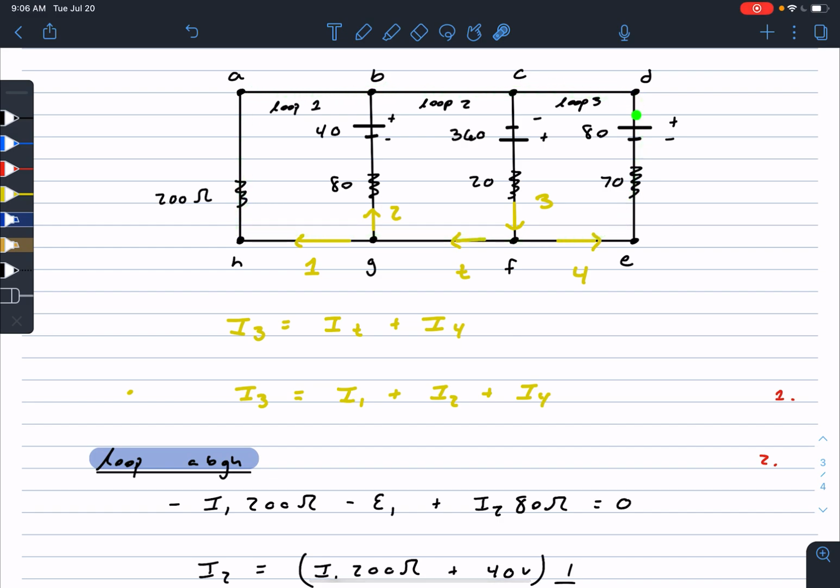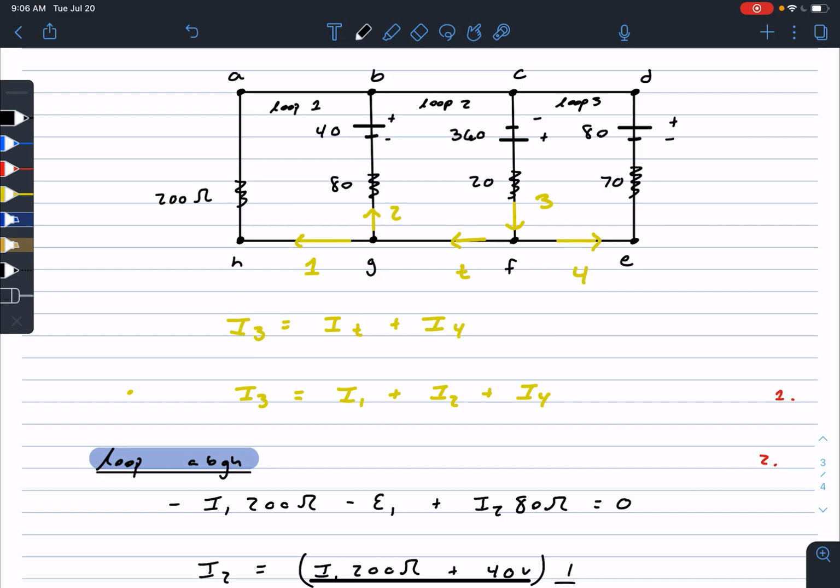So now we're going positive to negative. That's a negative EMF. We're going against the current through the resistor. That's a positive potential difference. And here, current 1 is going this way through this resistor, and we're going with the current. That's negative.